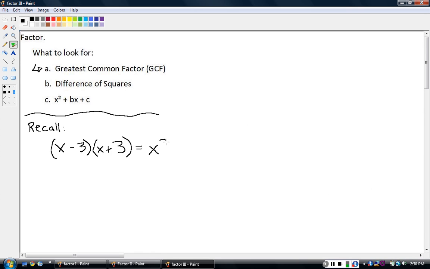And you can skip the O and the I in FOIL, because the two outside terms will give you plus 3x, and the two inside terms will give you minus 3x, and they cancel out. So this is that special case of multiplying two binomials where you end up with just these two terms. Remember, that's what happens when you multiply.